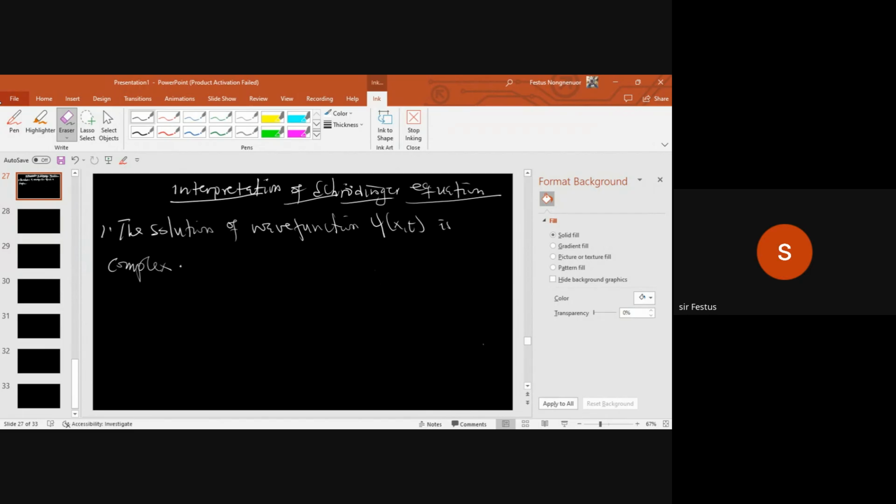So it's complex, and it is a measure of the probability density. So the density where the particles are being condensed. So density, of course, implies that the psi magnitude squared is the probability of finding the particle between x and x plus dx at time t.